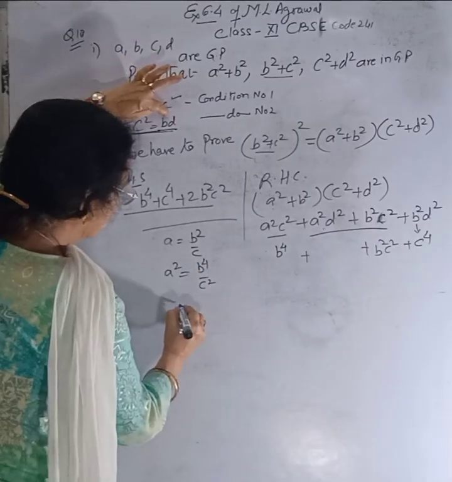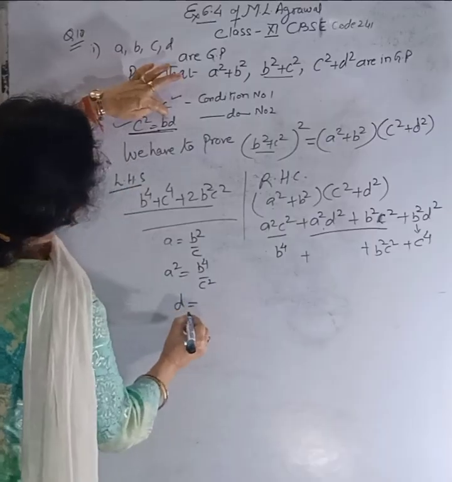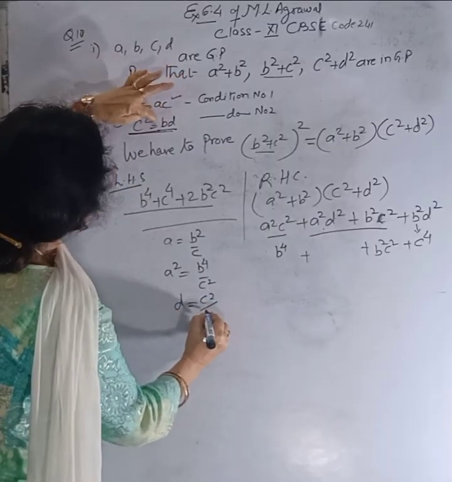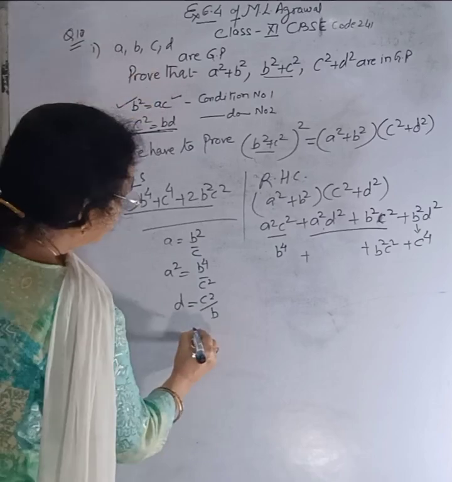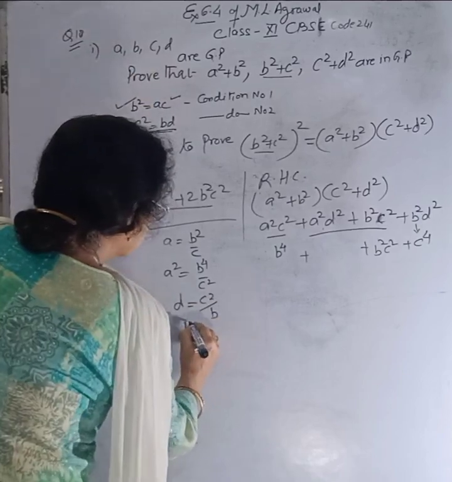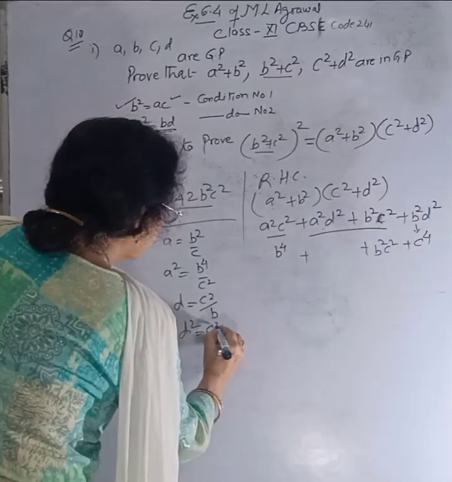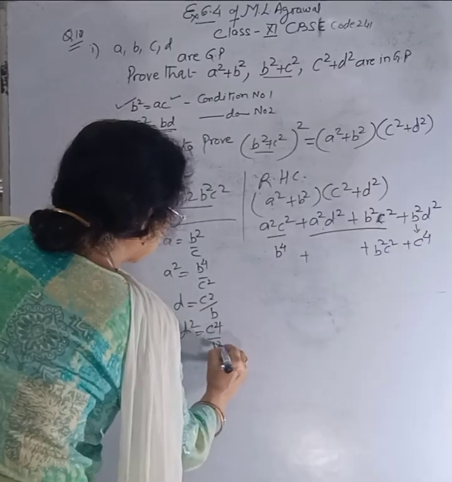Similarly, D is equal to C square by B. It means D square can be written as C to the power 4 upon B square.